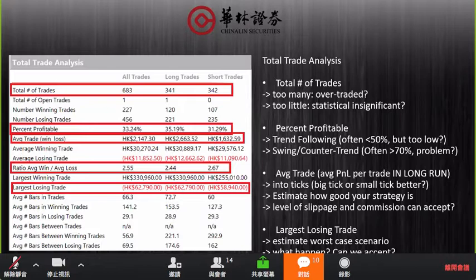All right, the percent profitable is more like a winning ratio. Okay, we just call it winning ratio. It just shows you what percent of trades are making money. We're not mentioning the scale or the magnitude of the money that you make, just telling you whether it makes money or not. Quite often, a trend following strategy would be somehow less than 50%.